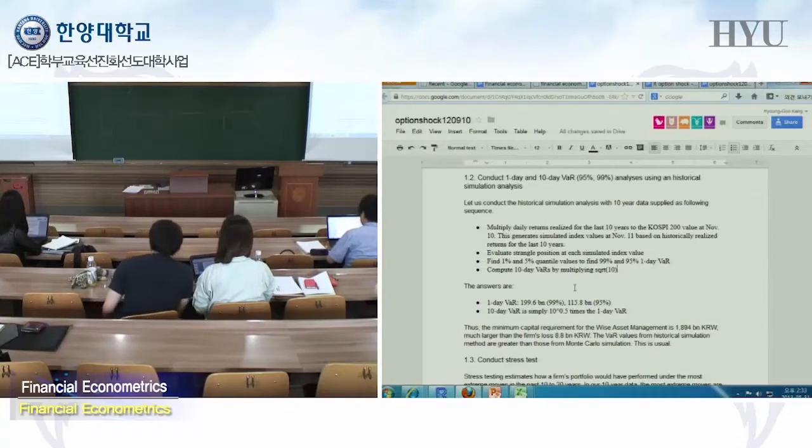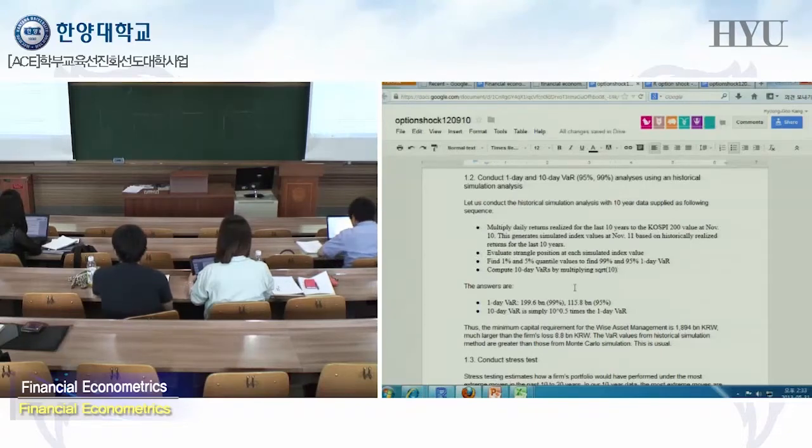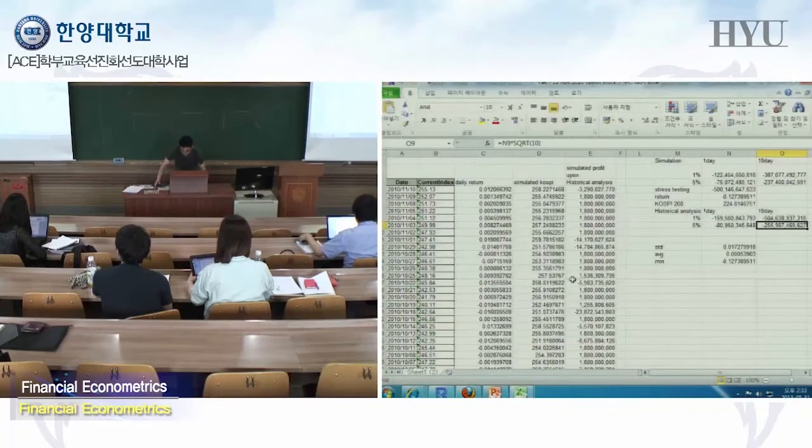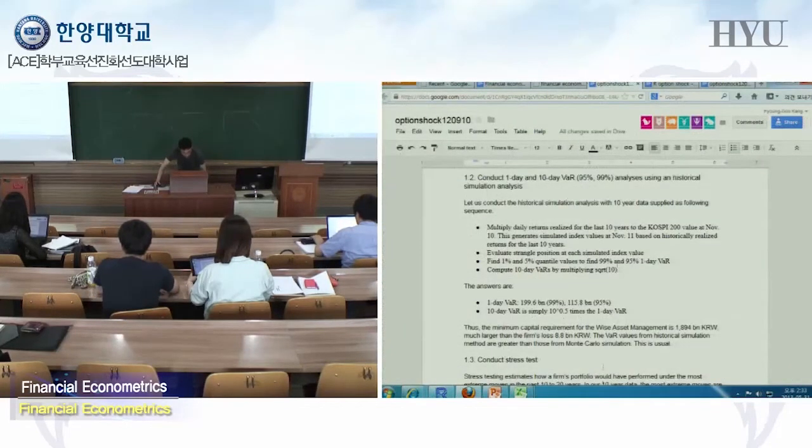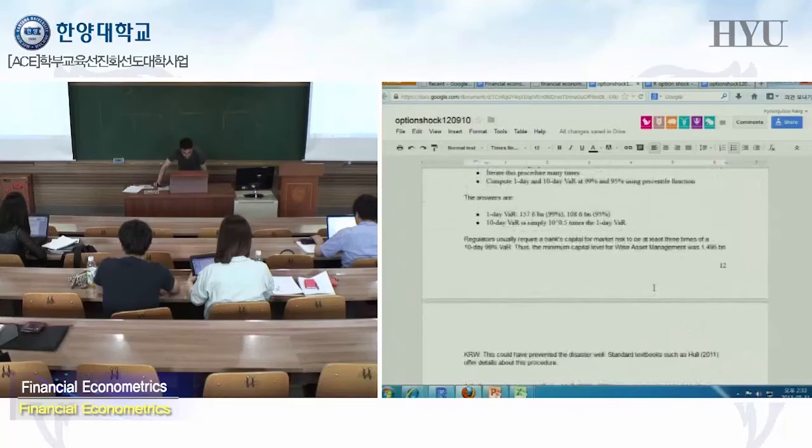You can simply multiply the one-day VaR by the square root of 10 to get the 10-day VaR. So anyway, the minimum capital requirement for Wise Asset Management is 1.80. I think this is over here.